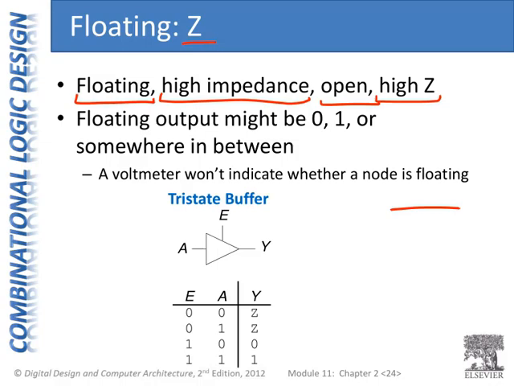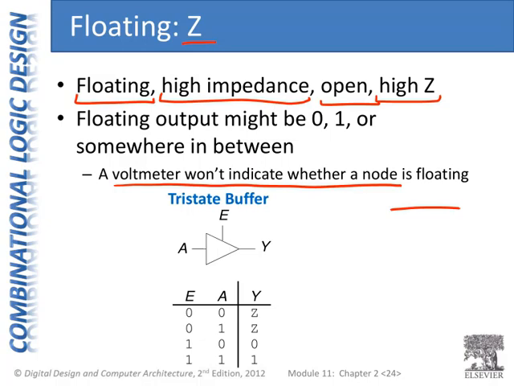We don't have one end connected to 0 volts or tied to 5 volts or anything. It's just floating. It could be really any voltage. And this is important: a voltmeter won't indicate whether a node is floating. Remember, a node is a value on a wire.